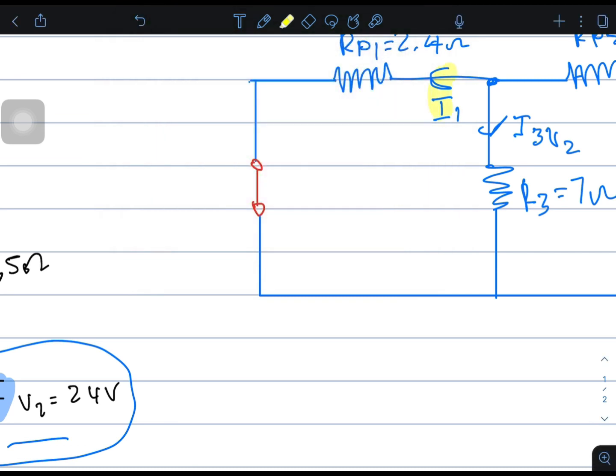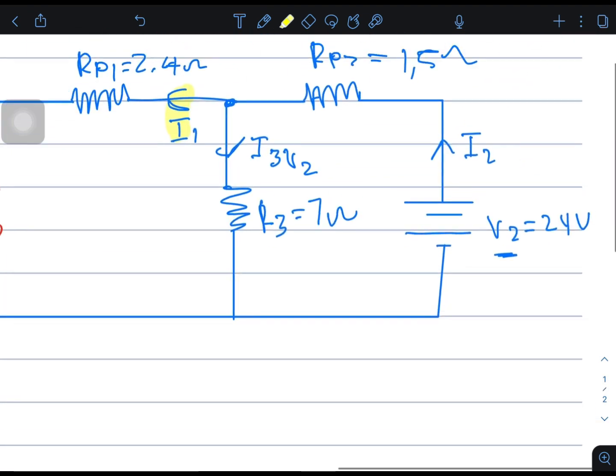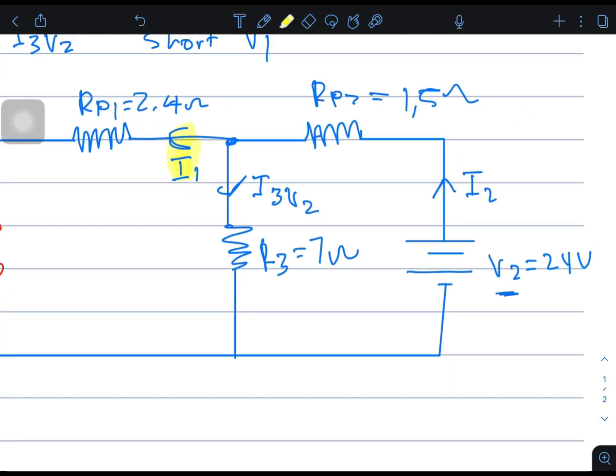Guys, again, I'm going to show you: this current is not the same as the current in the original circuit. This current is how much is contributed by this source, the amount of current contributed by the source in the branch current that we seek to know the total current for.